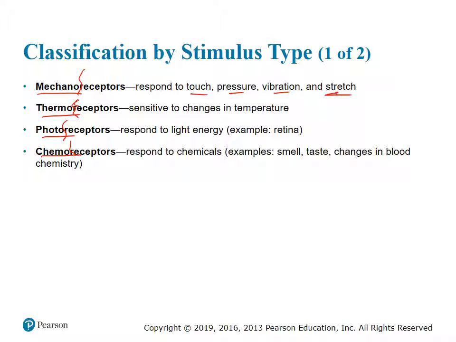Mechanoreceptors pick that up. Changes in temperature, thermoreceptors pick that up. Changes in light, photoreceptors pick that up. And changes in chemicals, chemoreceptors pick those up. So this is the type of stimulus, and we can classify them based on this.